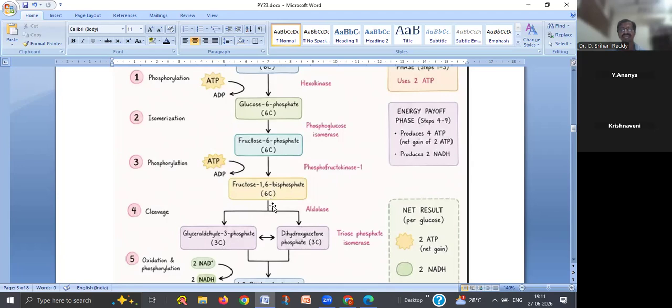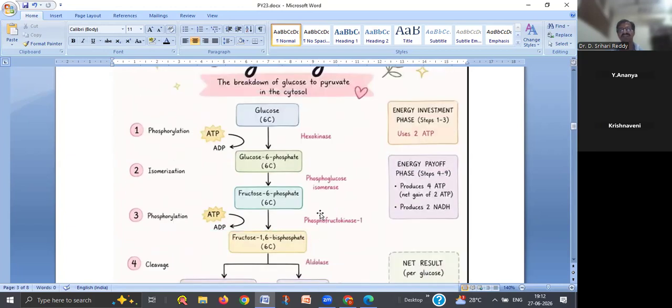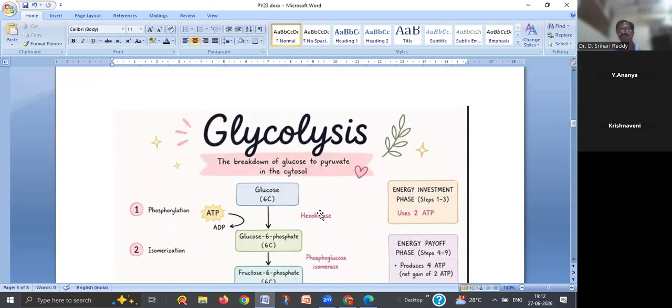It is broken or cleaved into two 3-carbon compounds, glyceraldehyde 3-phosphate and dihydroxyacetone phosphate, DHAP. Okay, so aldolase is involved in glycolysis, whereas the three remaining enzymes are involved in the Krebs cycle given in the question.